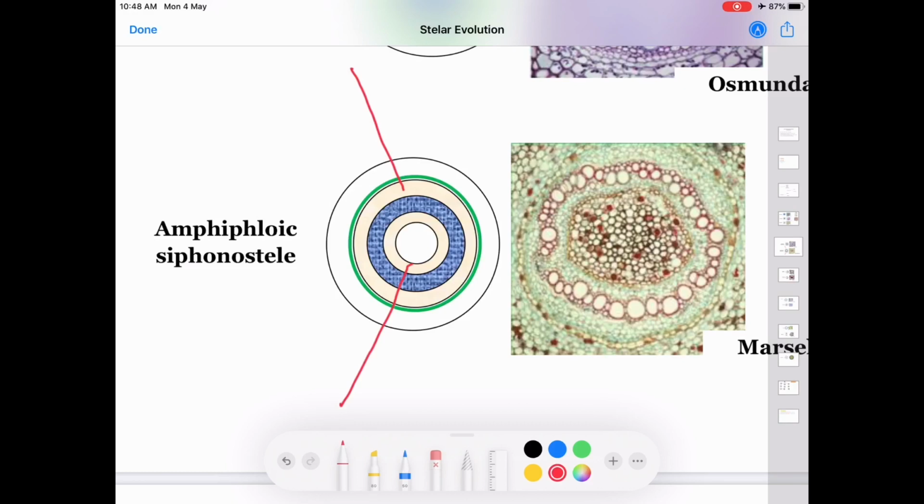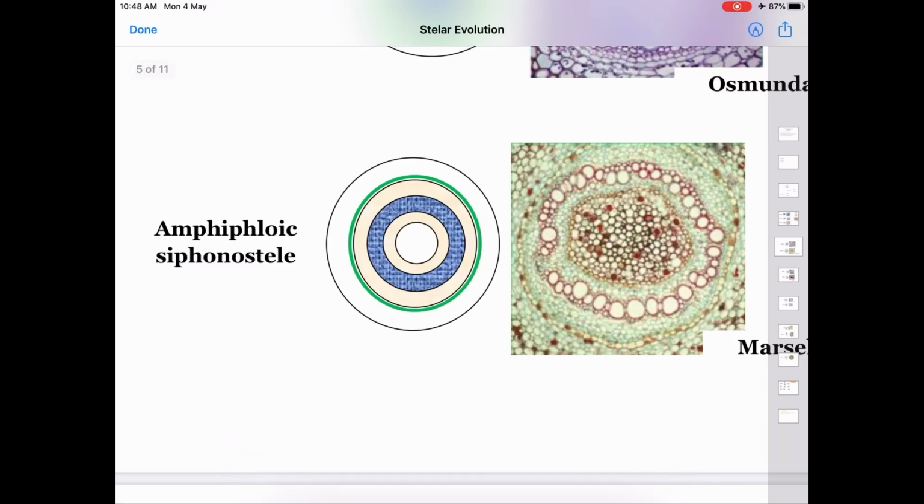That is, xylem is surrounded by the phloem and inside the xylem there is a ring of phloem. This type of arrangement is called amphiphloic arrangement and the central region is occupied by the pith. This type of stele is known as amphiphloic siphonostele.